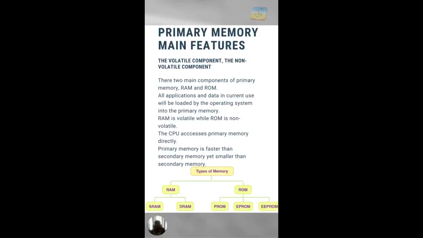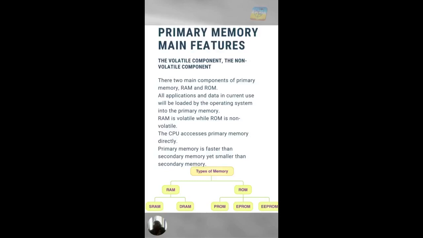So a primary memory is divided into 2: the volatile component, which is referred to as RAM, and the non-volatile component, which is referred to as ROM. To say RAM is to say random access memory, and to say ROM means read-only memory.